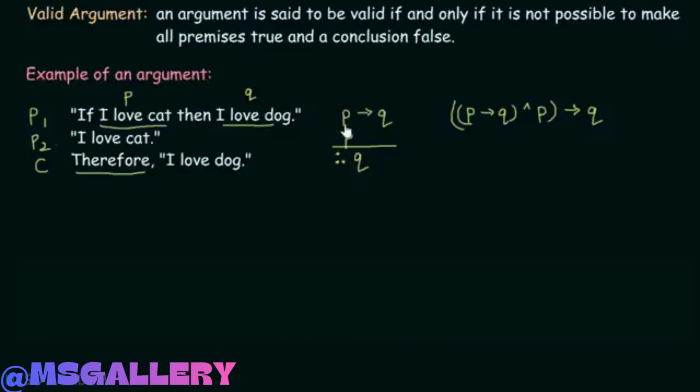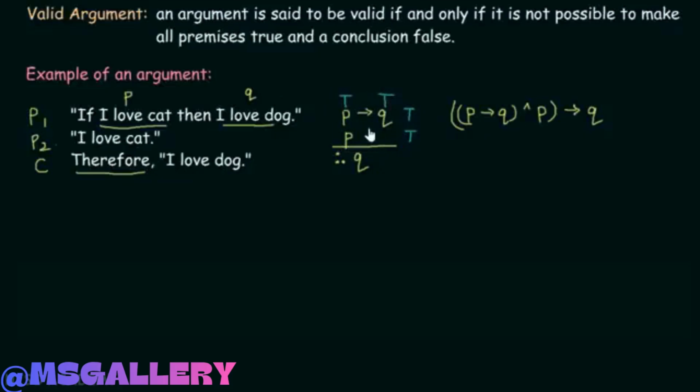Now, this conclusion can be true or this can be false. It depends on the premises, right? We initially assume that all these premises are true. And in order to prove that this argument is a valid argument, we need to make this conclusion true. Because all premises are true, therefore conclusion must also be true. As P is true, therefore here also P is true. And if P is true, then Q must also be true.